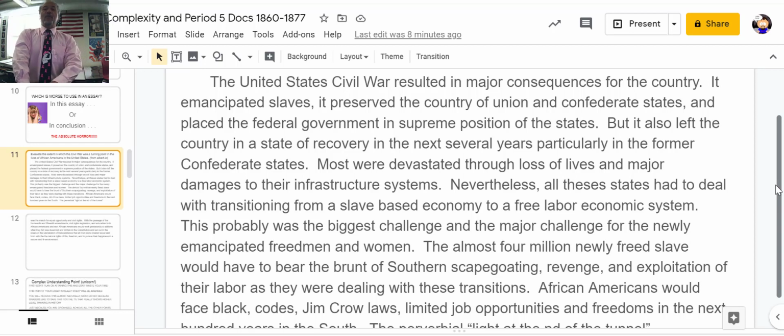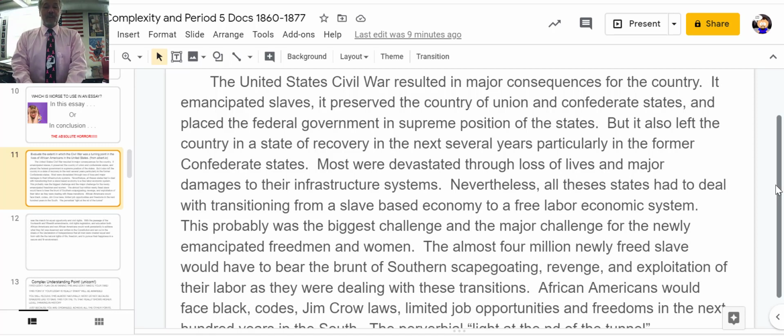The United States Civil War resulted in major consequences for the country. It emancipated slaves, it preserved the Union by defeating the Confederate states, and placed the federal government in a supreme position over the states. Notice the theme of today is the Civil War and Reconstruction. Notice how I try to apply all my examples as we go along. But it also left the country in a state of recovery for the next several years, particularly in the former Confederate states.